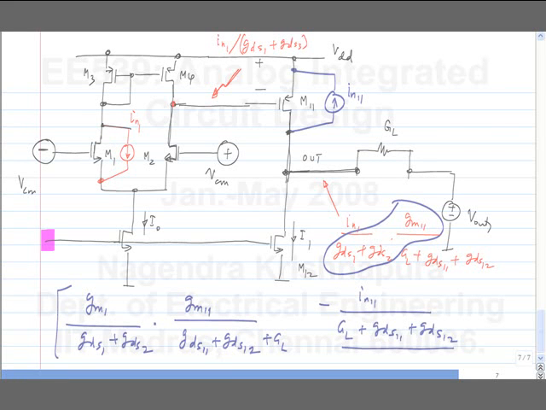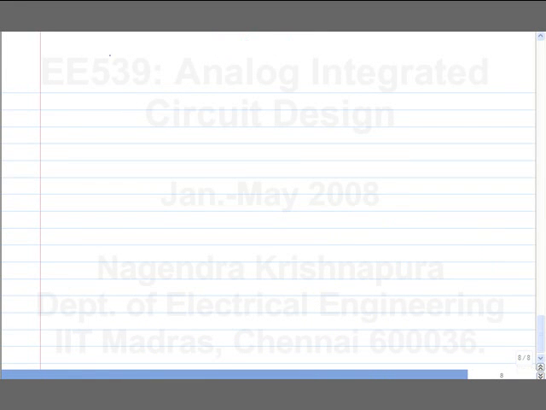What I have taken is the output noise voltage. So to refer it to the input, I divide the sum of these two by the voltage gain. So what do I get? I'll get IN1 by GM1 minus IN11 by what?